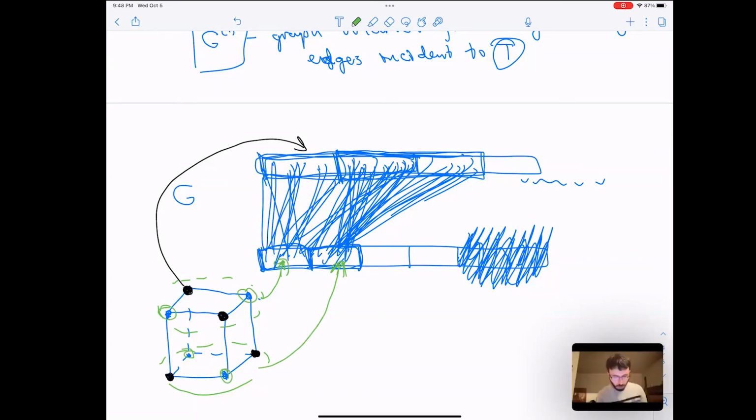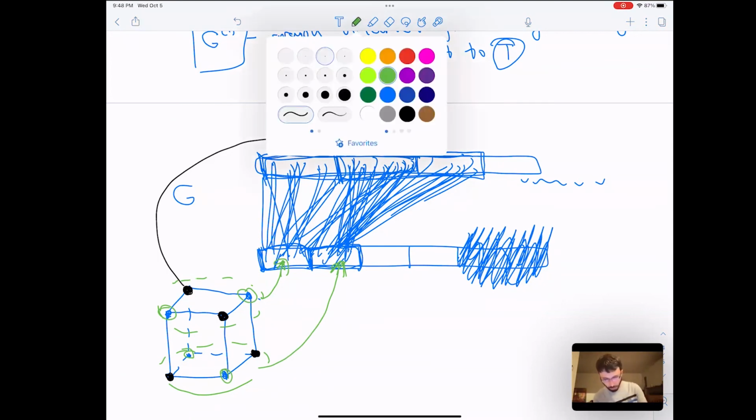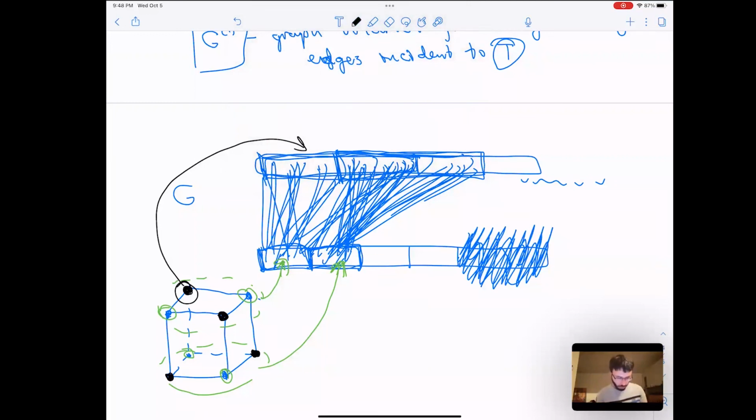So now the idea is the following. Look at any of the four black vertices. What can we say about them? Of course, just because it's a partition of a bipartite graph, any black vertex is incident only to blue vertices. That's what it should be.